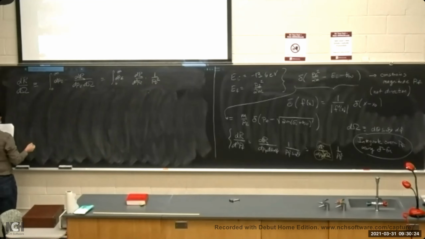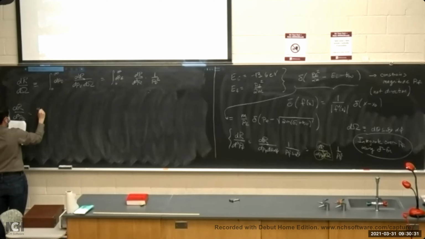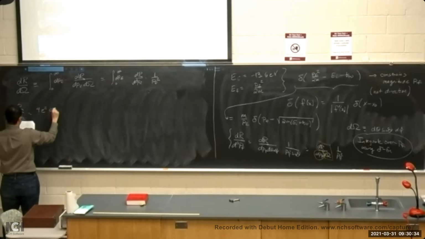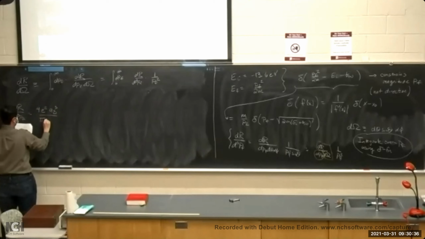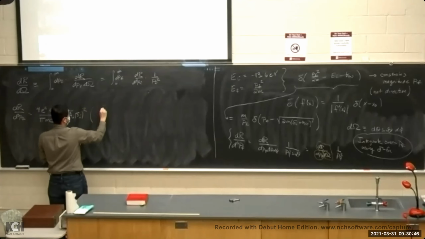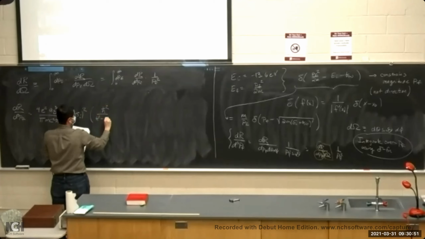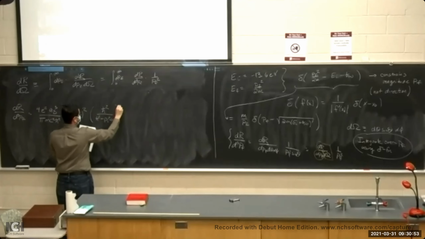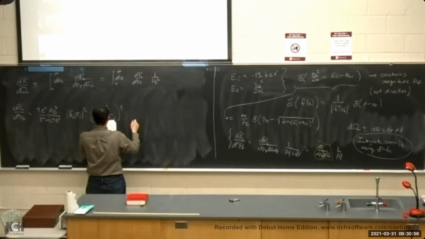So what we had before was the differential rate per unit three-dimensional momentum, which was 4e squared Bohr radius cubed over pi m c squared h bar to the fourth, A dot P initial squared h bar squared over h bar squared plus P initial squared a radius squared to the fourth. And then from the delta function, I have 1 over P final, delta of P final minus square root 2m E initial plus h bar omega.